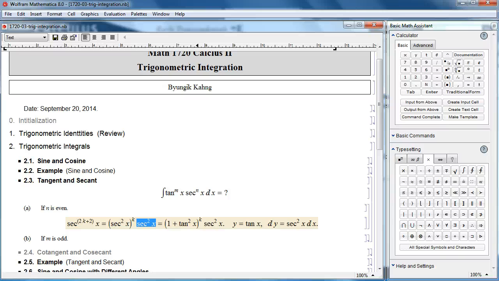How about the other part, secant squared to the kth power? Secant squared is 1 plus tangent squared, so this part is going to be 1 plus tangent squared to the kth power, in terms of tangent, and the extra secant squared will be absorbed by this dy computation.